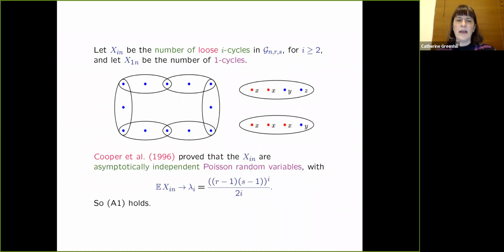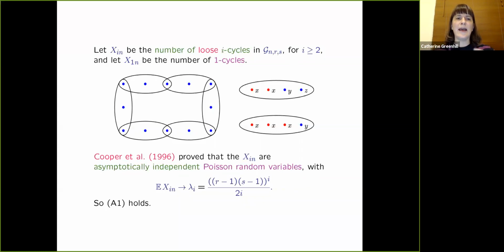Now, the same Cooper, Frieze, Molloy, and Reid proved for us that A1 holds. So these random variables are asymptotically independent Poisson, and we know their means. They look like this. Now, Cooper et al. didn't work with loose cycles, but in their proof, they show that if you're counting cycles of length i, then the only cycles that give a non-negligible relative asymptotic contribution are the loose ones.